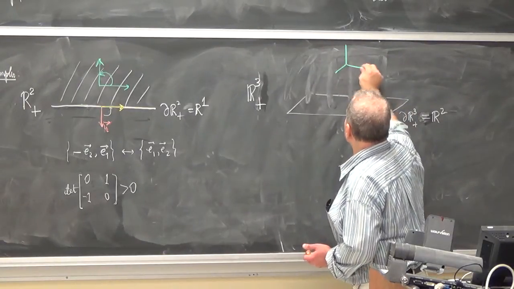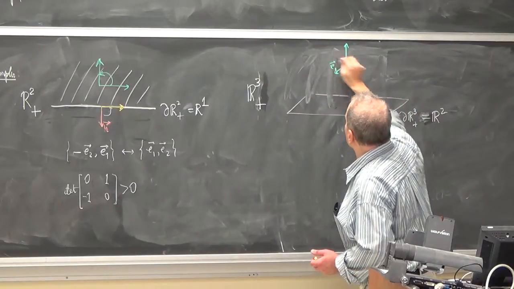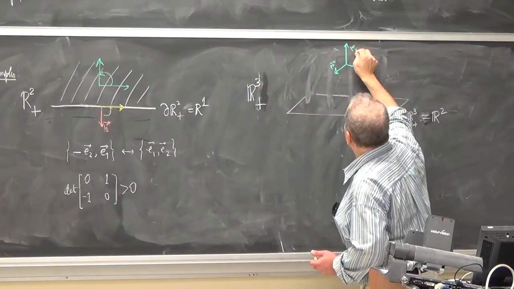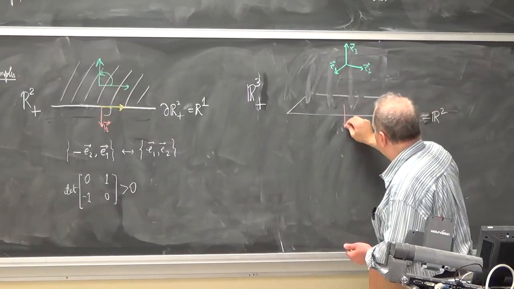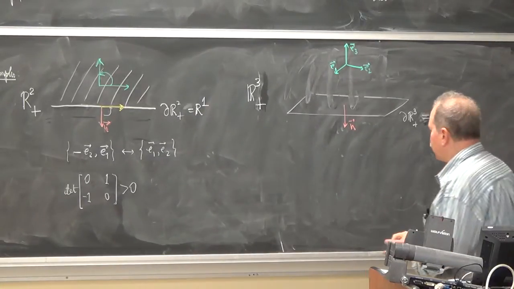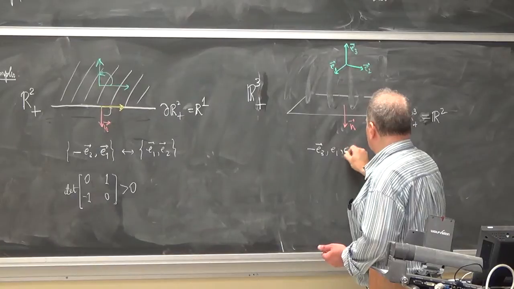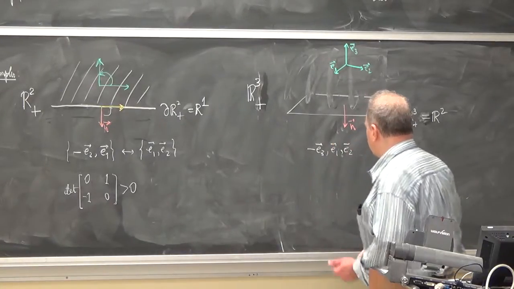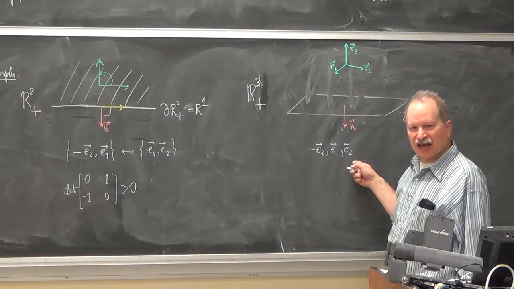So standard orientation on R3 would be the standard basis, e1, e2, e3. N is pointing down, so negative e3 is first. Negative e3 is first. So now we just have e1, e2 to worry about, and we'll make a positive determinant. Right. So is this ordered basis equivalent to the standard basis or not?